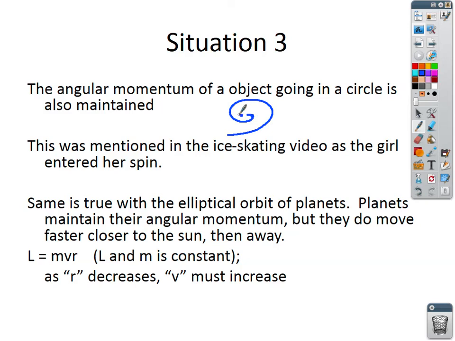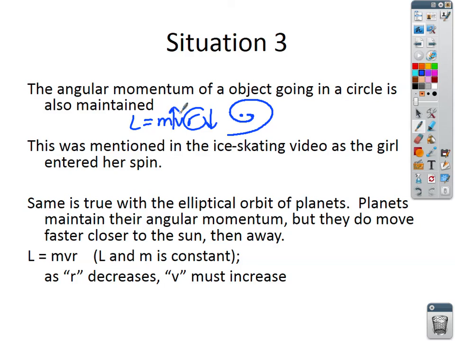In this case it's not you, it's a point in space that you're rotating around. And the closer you get, looking at the formula again, mvr, as the radius decreases, your linear velocity is going to increase.